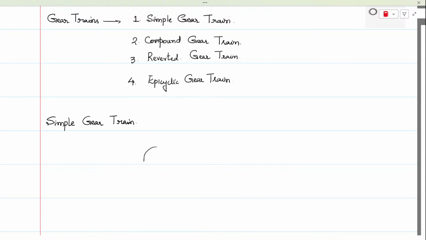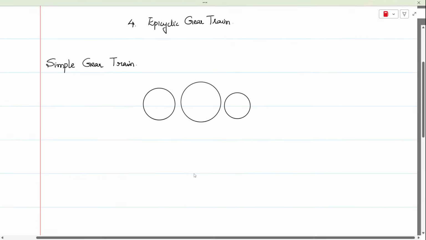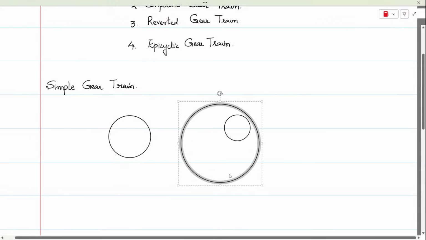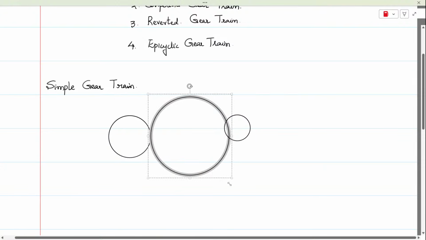Simple gear train is going to consist of more than 2 gears. You could use 3, 4 or 5 gears, no problem in that. So this would be a bigger gear. This is another smaller gear.